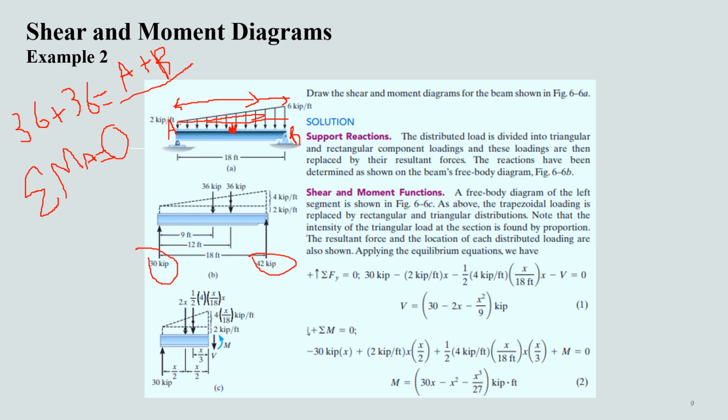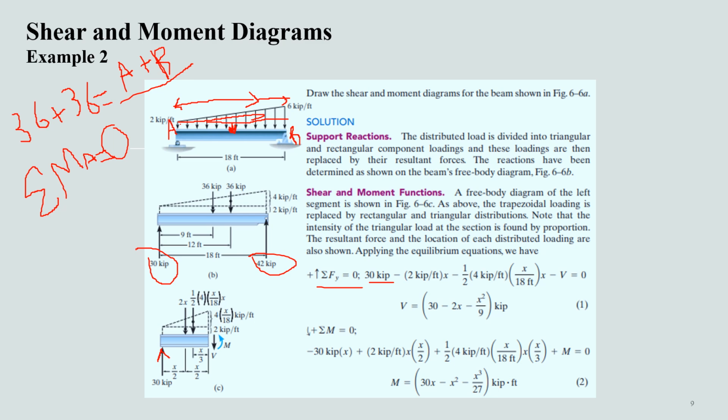Now we'll move towards our next step, that is the determination of the shear and moment functions. For this, we'll have to take a segment. Although the load is varying along the length, there is no discontinuity in the load along the length. So we can take only one segment in this case. If we are taking one segment, we have a 30 kip load on the left directed in the upward direction, that will be written as positive in the equation for the shear.